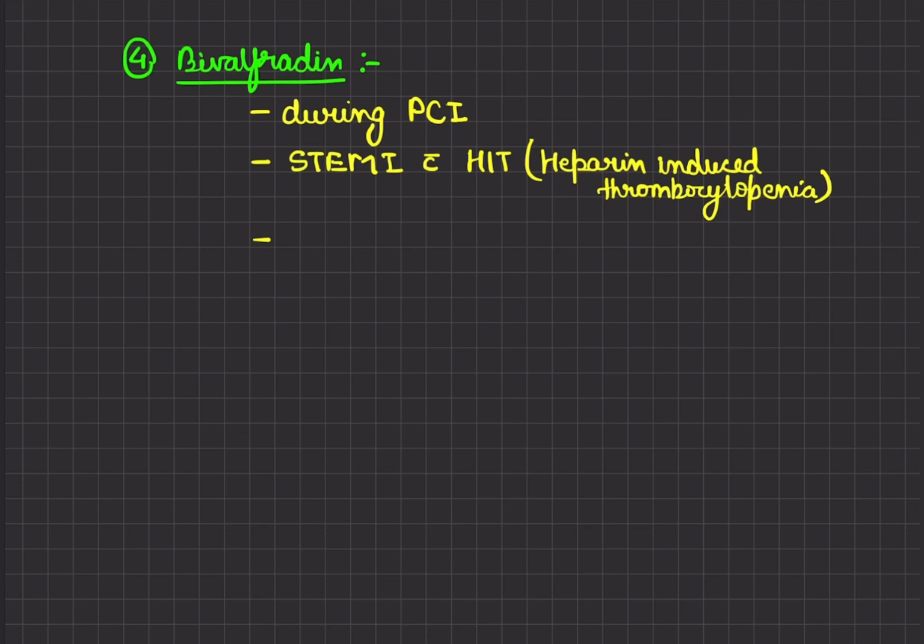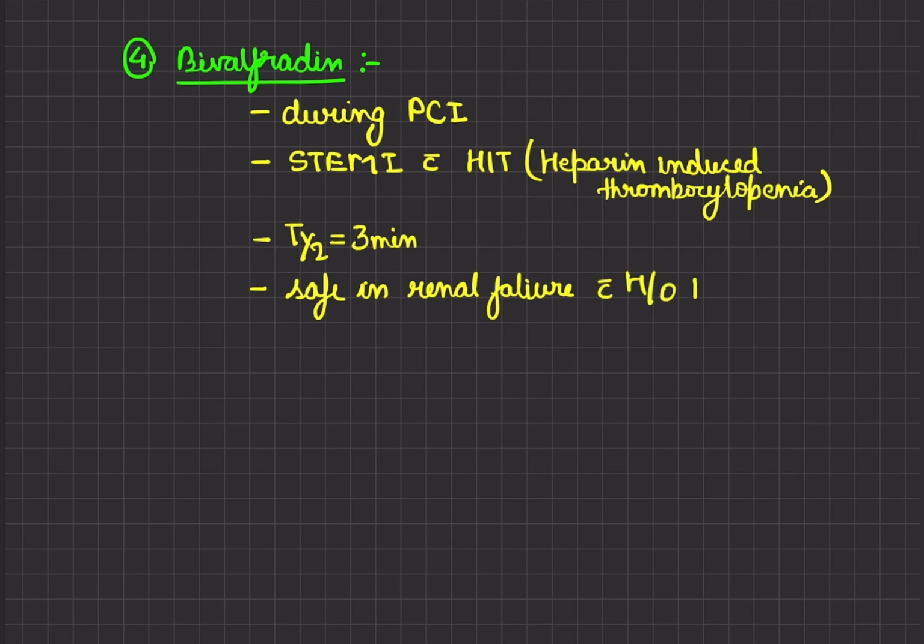Its half-life is very short, that is 3 minutes. That's the reason we use this drug during PCI. It is also safe in renal failure patients with history of HIT, and this is given via continuous IV infusion.